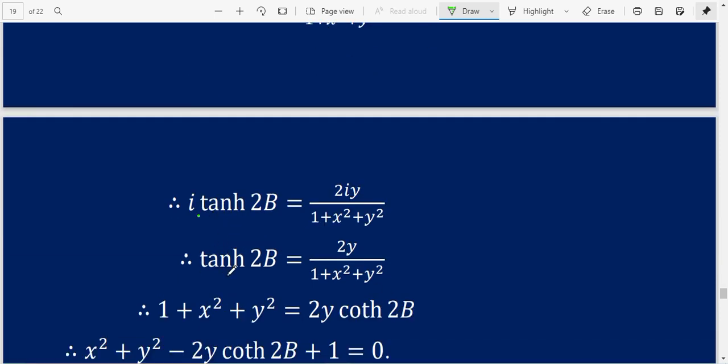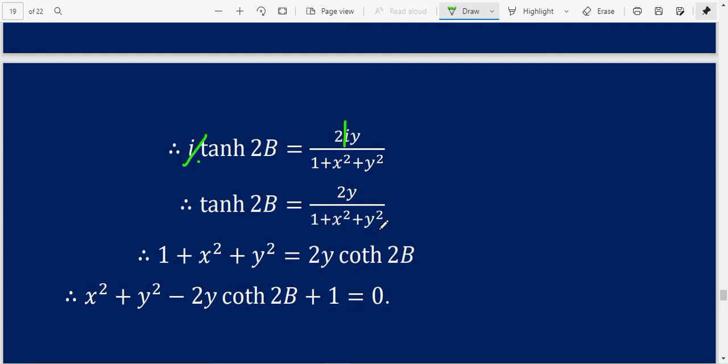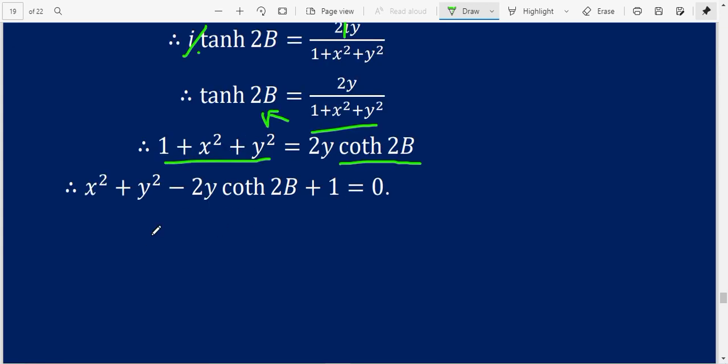So tanh 2b is equal to 2y upon 1 plus x square plus y square, because i cancels. Then 1 upon tanh 2b is equal to coth 2b, so x square plus y square minus 2y coth 2b plus 1 is equal to 0. This completes the proof.